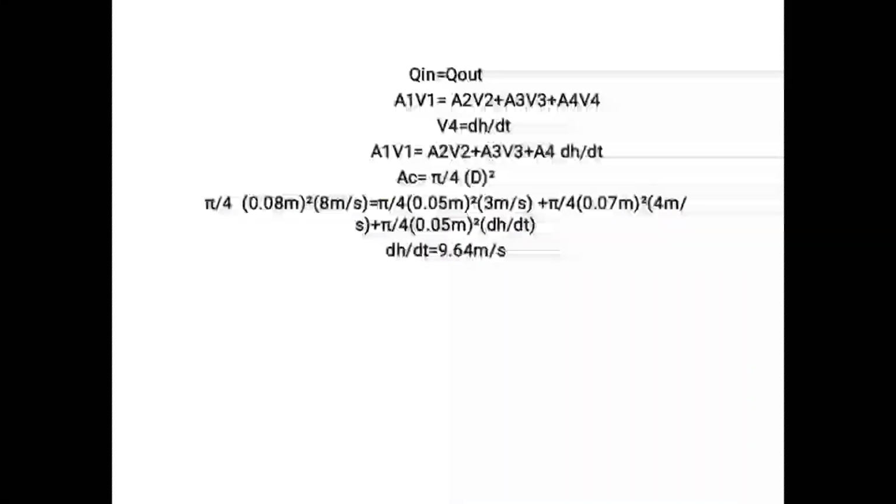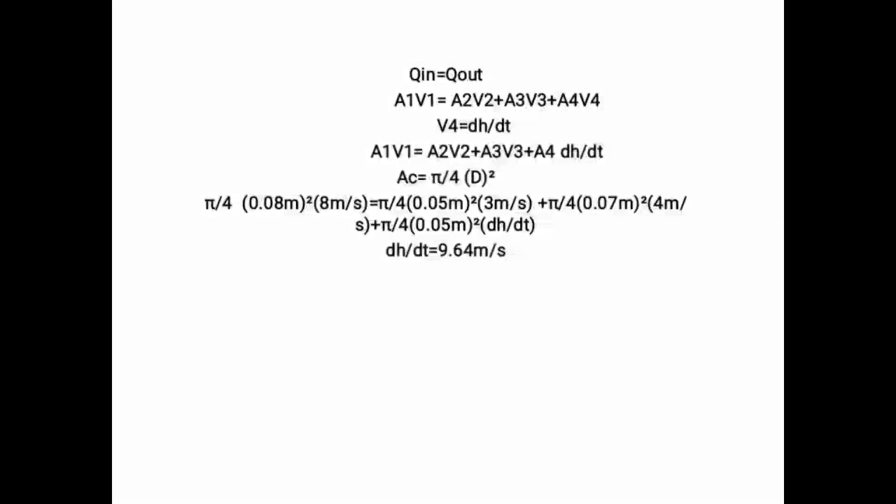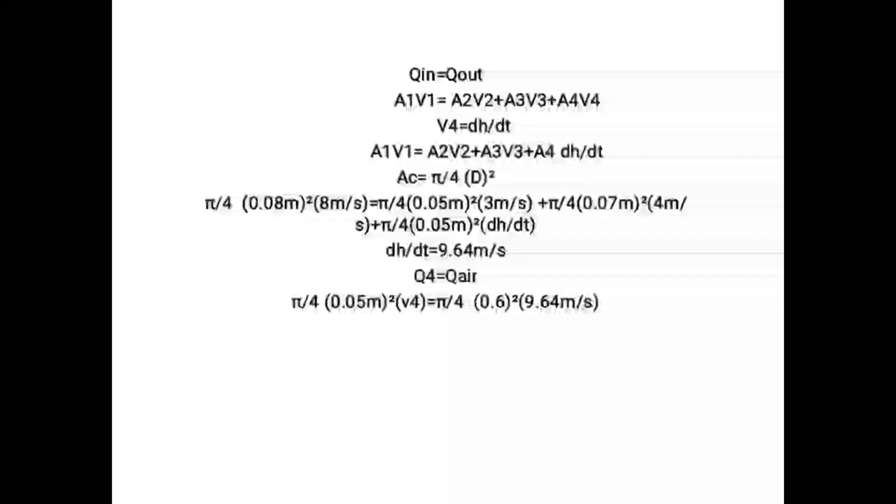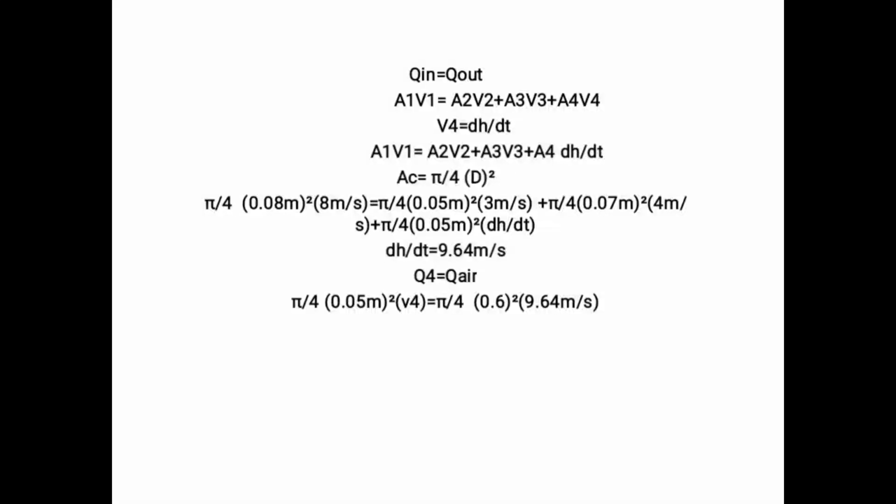So now we have the height. Now we will look for velocity 4. To find that, we know that Q4 is also equal to dQ air. So next we will use the formula of that. This one is the area of pipe 4. 0.05 is the diameter of pipe 4, and the velocity is still unknown, so we will find it, and this 0.06 is the diameter of the tank, and this one is the height.